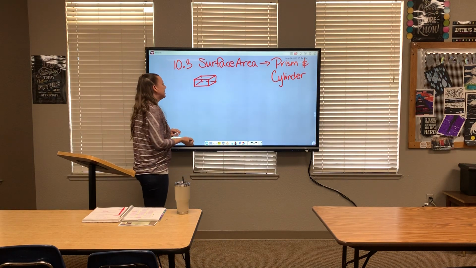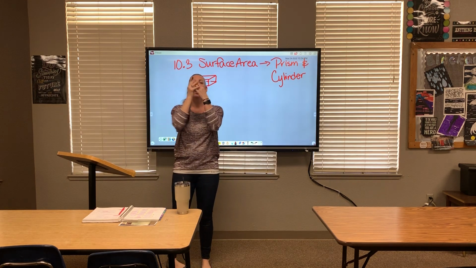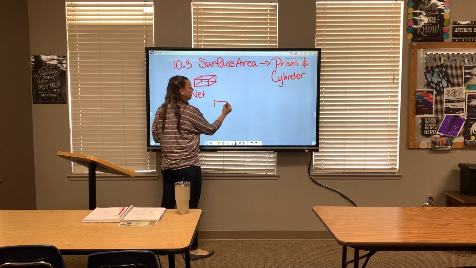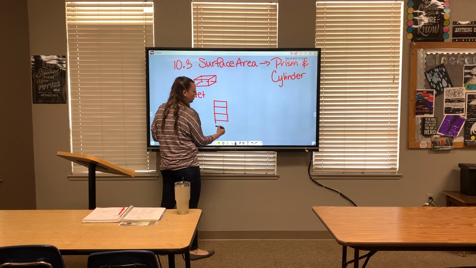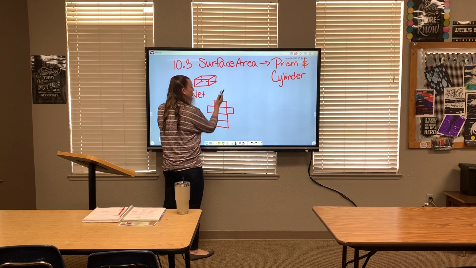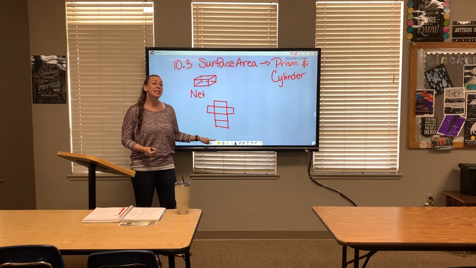A net means if I were to take this prism and I were to unfold it, what would it look like? So I know my top is going to be a rectangle, the next part is going to be a rectangle, the next part is going to be a rectangle, and I will have two little edges here, or two little faces on the side, okay? So this would be a net of a rectangular prism.